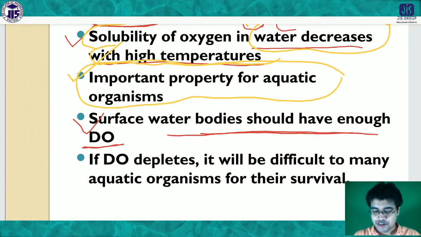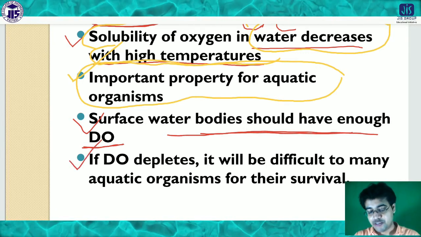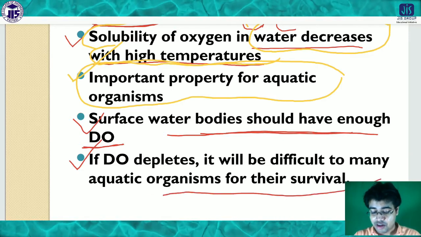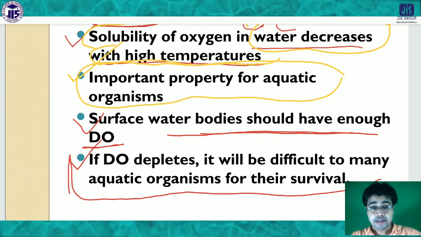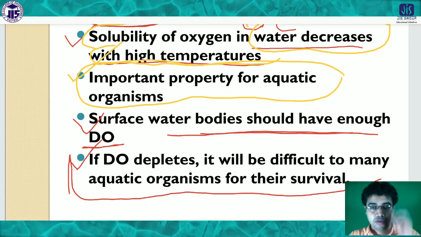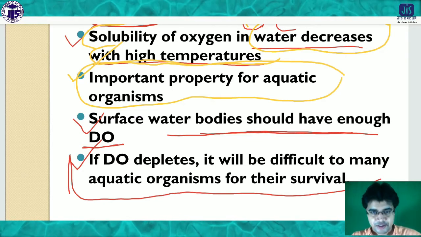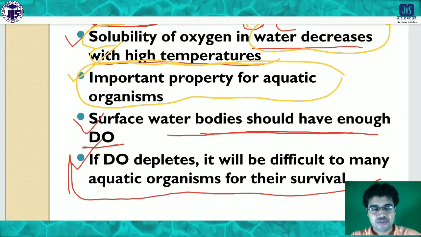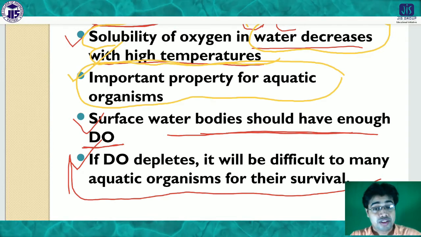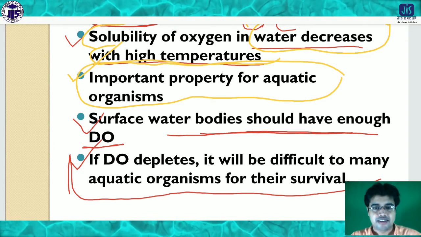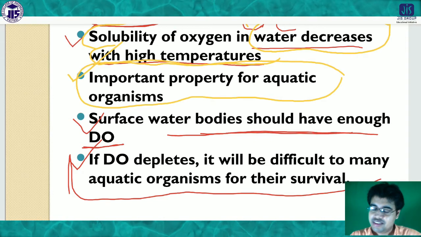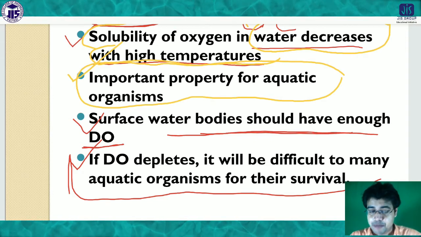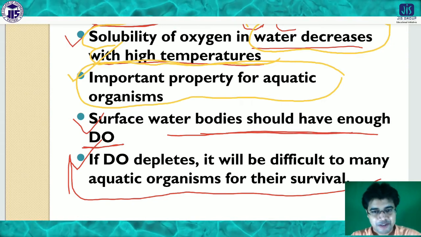If dissolved oxygen depletes, it will be difficult for many organisms to survive. In aquatic life, if you think carefully, without dissolved oxygen they can't live. So for their survival, dissolved oxygen is a very important factor.